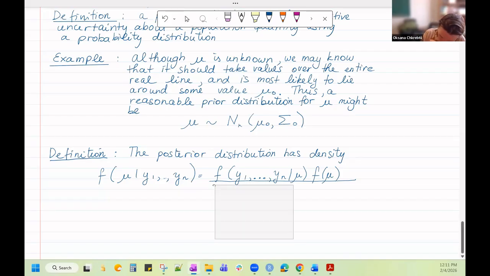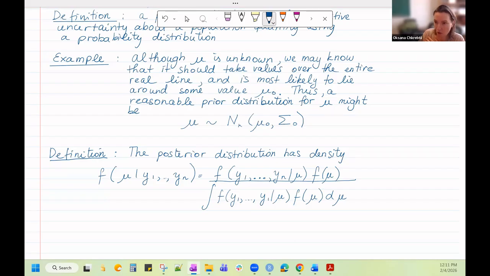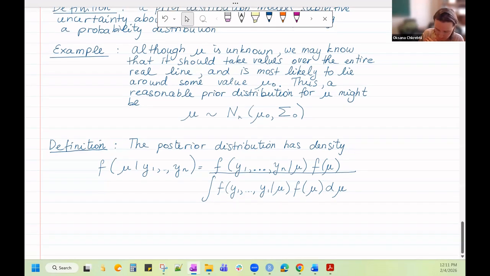In the denominator, we will have the so-called marginal likelihood. So this is again the likelihood multiplied by the prior density and marginalized over mu. It is just the marginal density of the data, if you think about it that way.